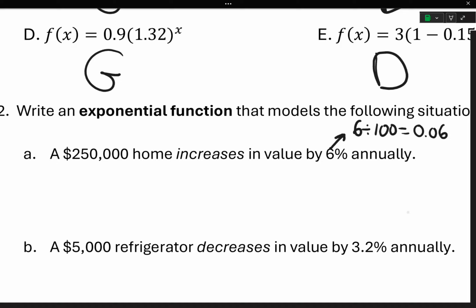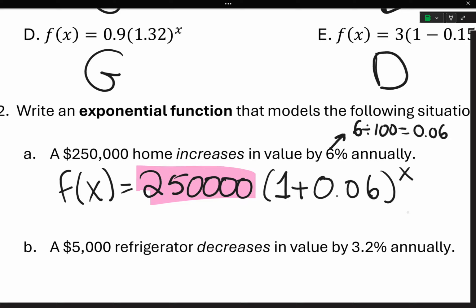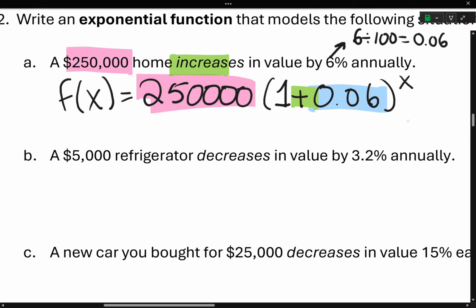So f of x equals our starting amount, 250,000, times 1 plus, because we're increasing, and then our rate, 0.06. Letter B. A $5,000 refrigerator decreases its value by 3.2%.